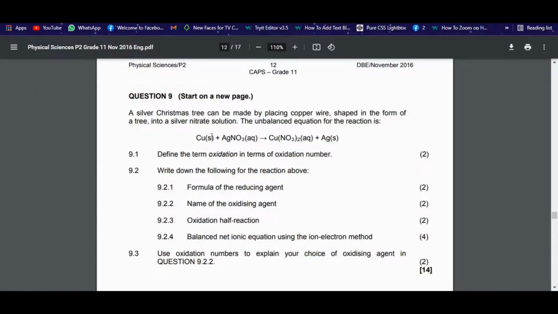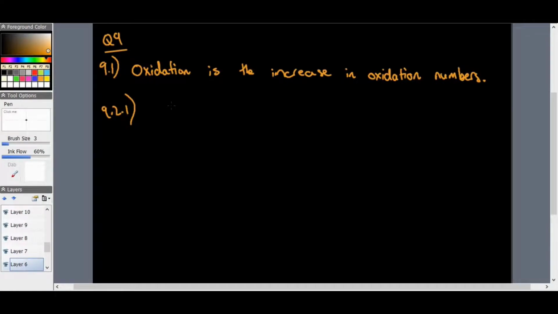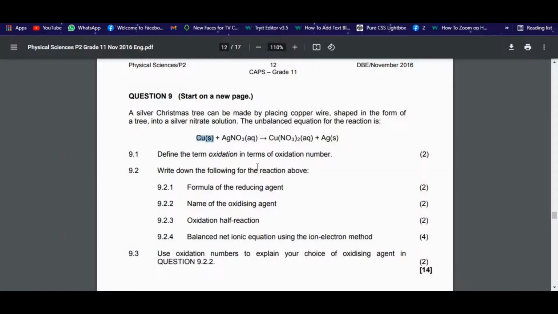From the left-hand side, the substance that was oxidized is copper. So the formula would just be, as the question suggested, Cu(s), for solid. Copper, that's the formula. That was the substance that was oxidized, therefore that's the reducing agent.